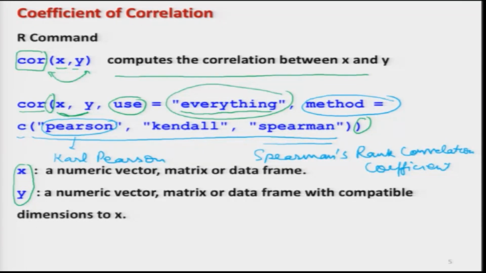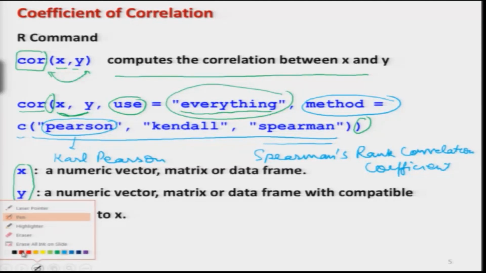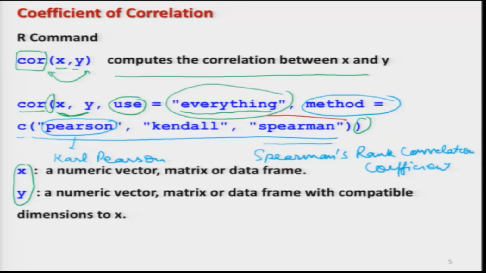So, this option here, which I am now highlighting in red color, Spearman inside the double quotes, is used when we want to compute the rank correlation coefficient. And similarly, there is another form of the correlation coefficient which is defined by Kendall, which we are not using at the moment.